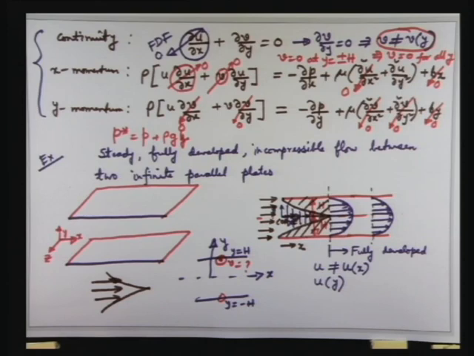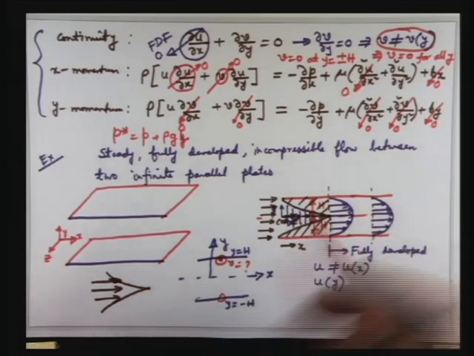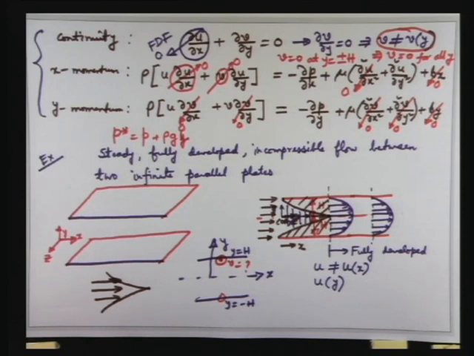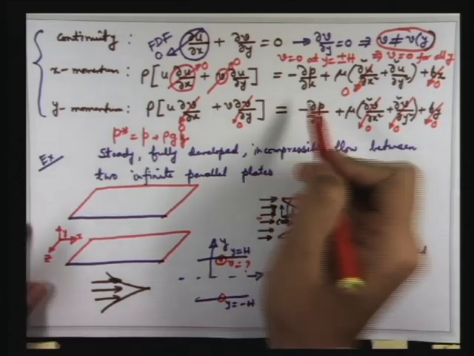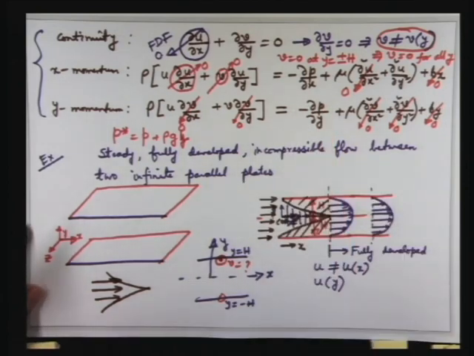So in the x momentum equation, you can deal with either the pressure gradient or the piezometric pressure gradient, depending on whether you are accounting for the effect of gravity in the body force or not. To make matters less complicated, let us assume that body forces are not important. If body forces are not important, we will deal with P and not with P star.